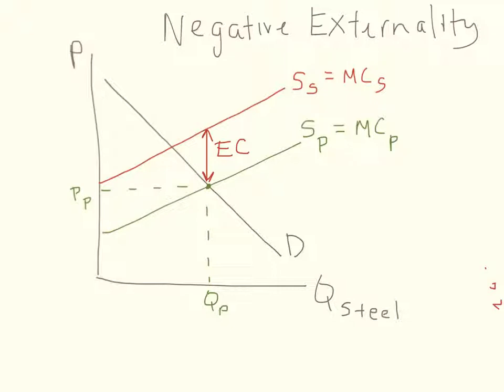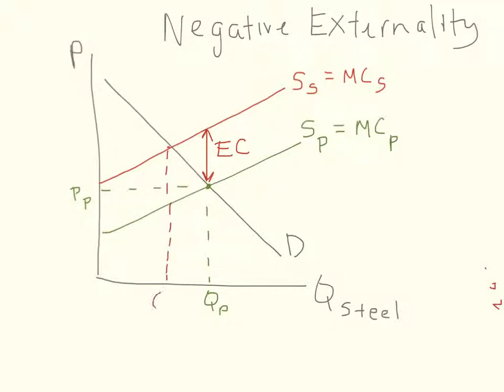Now, what does this imply in terms of results? Well, if we were to be able to charge this manufacturing facility for the actual costs of this downriver pollution, they would essentially be looking at this higher supply curve, and the equilibrium of supply and demand would now take place at this quantity.